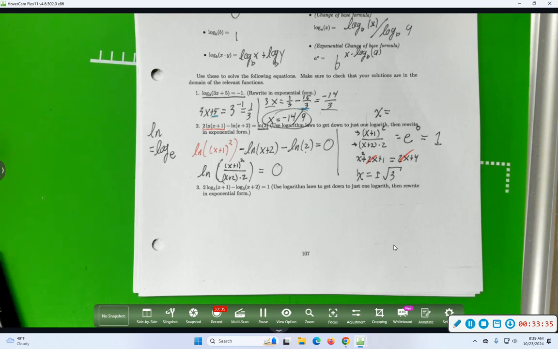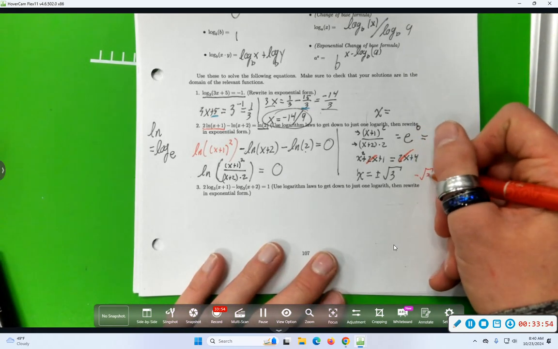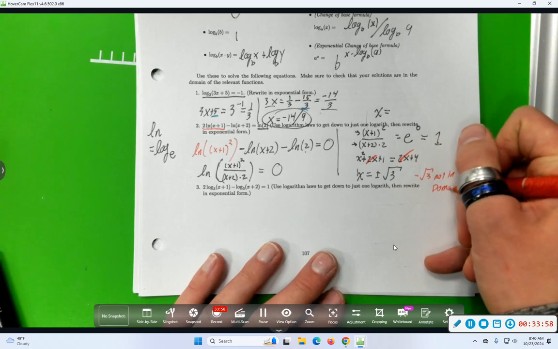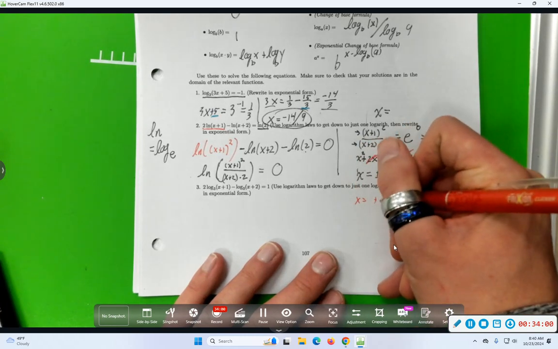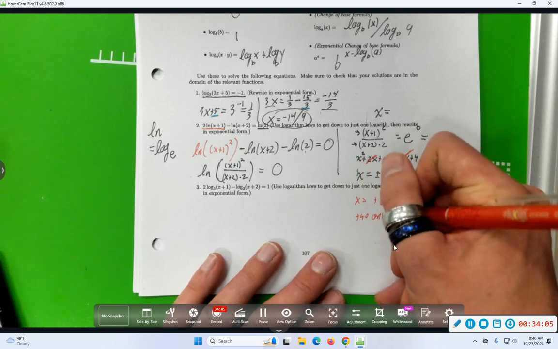No, minus root 3 is like negative 1.7-ish. The point is when you add 1 to that, it's still negative. So, by glancing at this, you see negative root 3 is not in the domain. X equals plus root 3 is the only solution.